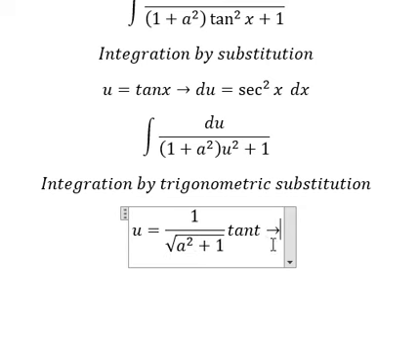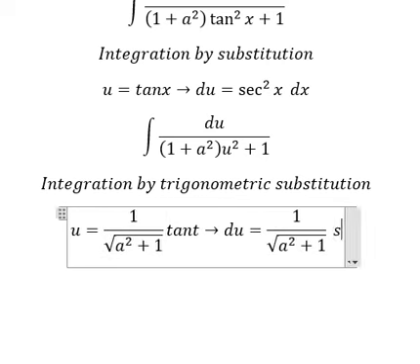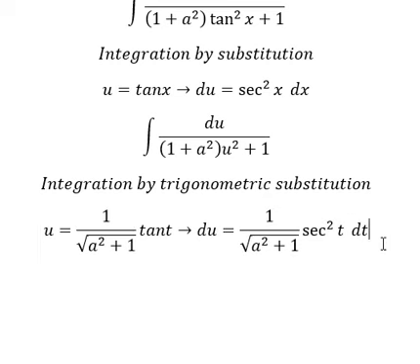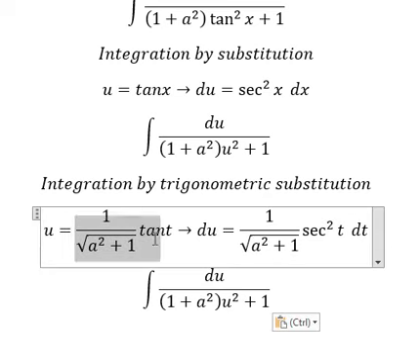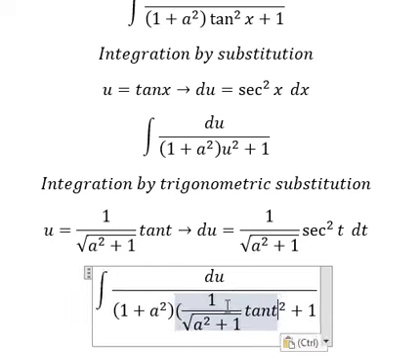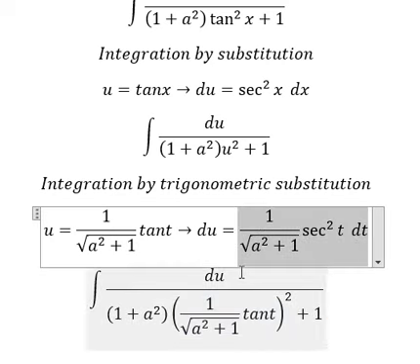Next, we need to do first the derivative for both sides, and we have like this. So I will put this one in here, and du that is about this one.